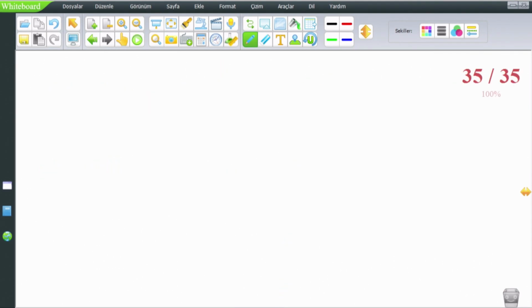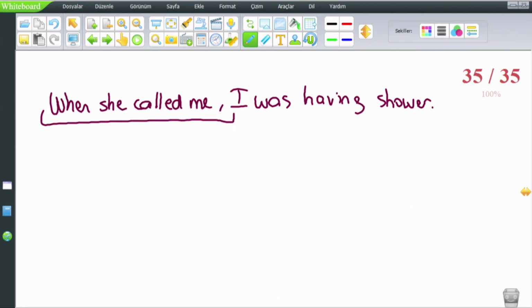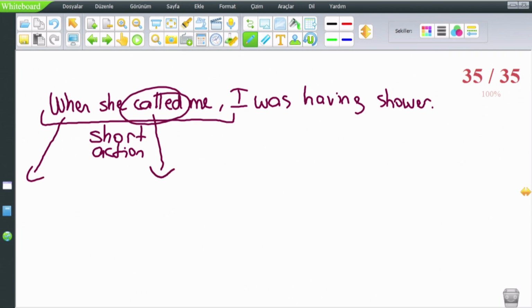Okay, let's do one more example. When she called me, I was having a shower. This is clearly the short action in this combined sentence. I can understand it both from when and because verb to is used in the sentence.